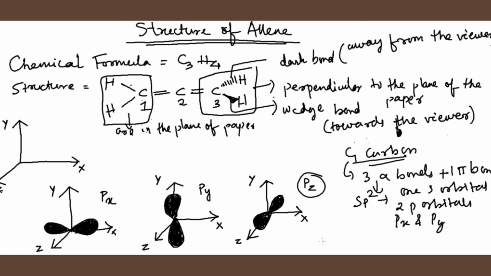We have to know that px orbital will do pi bonding with px orbital, py orbital will do pi bonding with py orbital, and pz orbital will do pi bonding with pz orbital. So C1 and C2 will be connected by pi bonding with the pz orbitals. Okay, so now we will come to the C2 carbon.